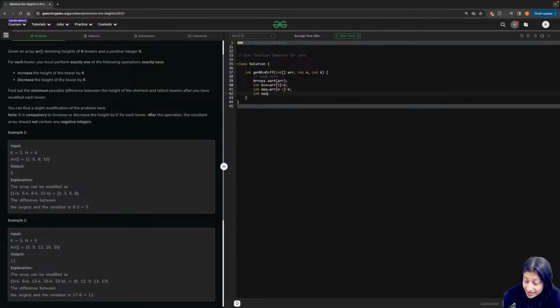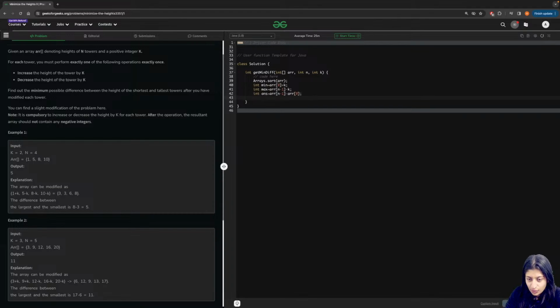Int answer, initializing the answer with the actual last value in the sorted array, that is ARR of n minus 1, minus ARR of 0. That is going to be the answer that I am initializing with. Okay, now take int mi.